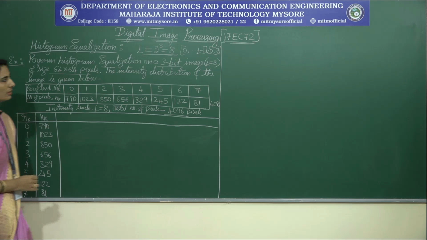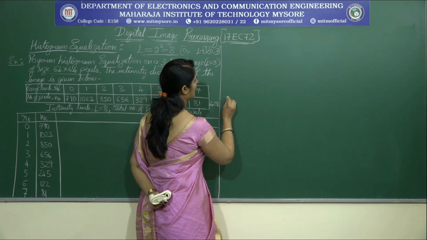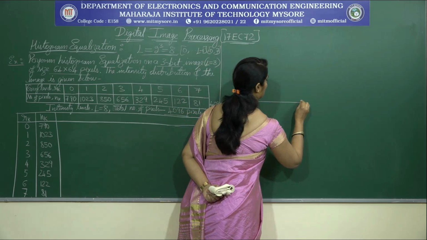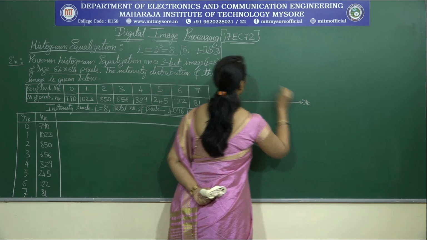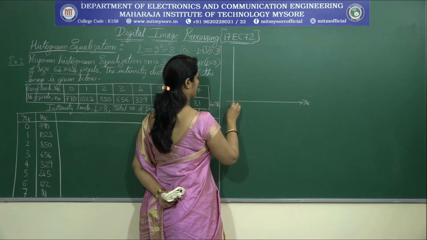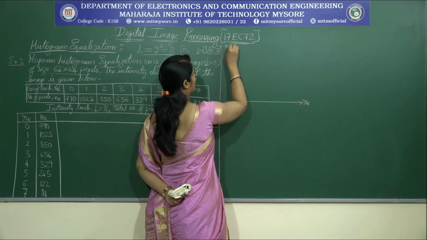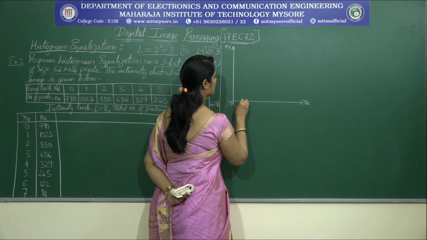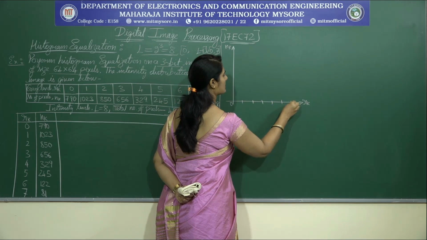Let me plot the graph of the given image, n_k versus r_k: 2, 3, 4, 5, 6, 7.